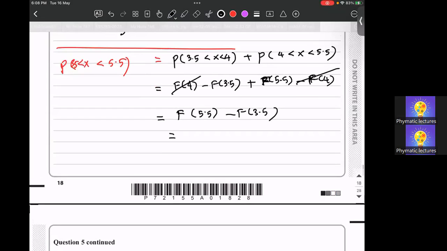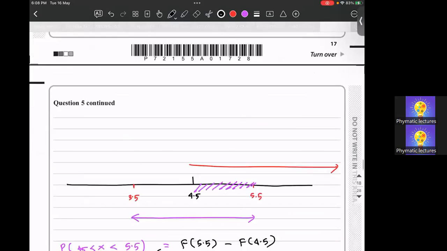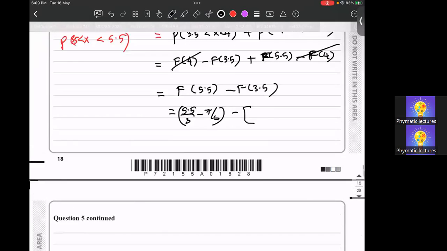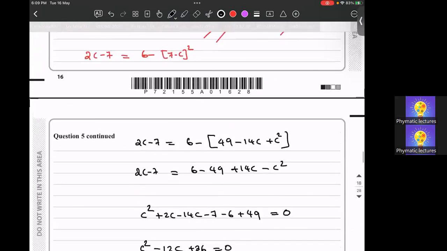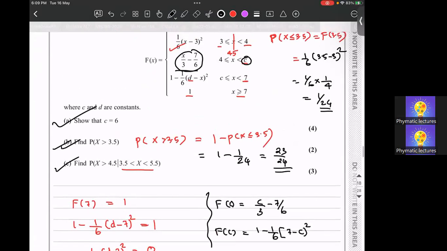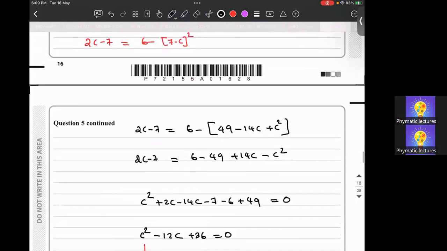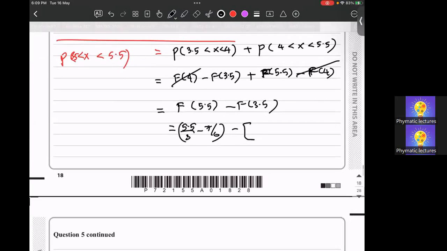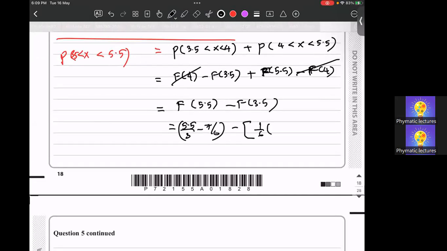So F of 5.5 means 5.5 by 3 minus 7 by 6, minus F of 3.5, which is 1 by 6 into (3.5 minus 3) whole square.